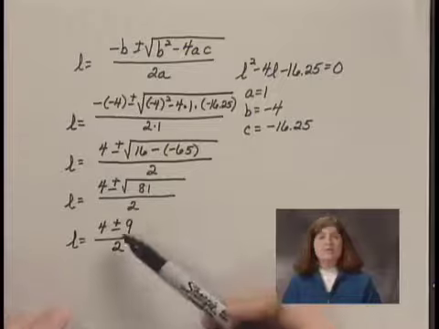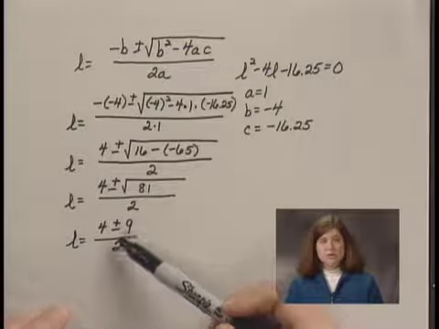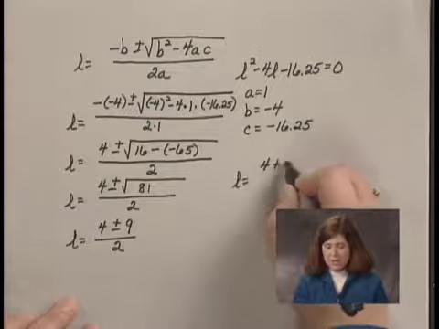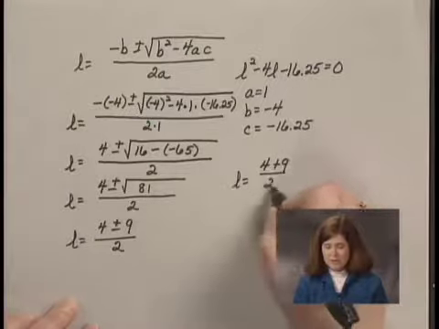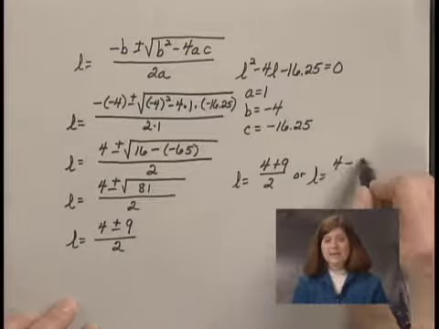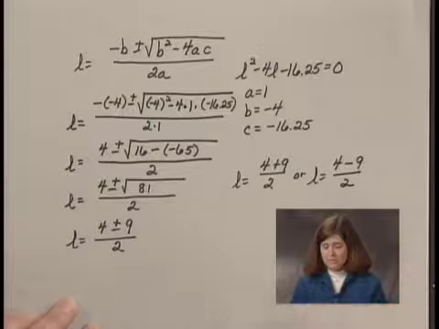Now remember, the plus or minus means that there are two solutions. I have L equals 4 plus 9 over 2, or L equals 4 minus 9 over 2.